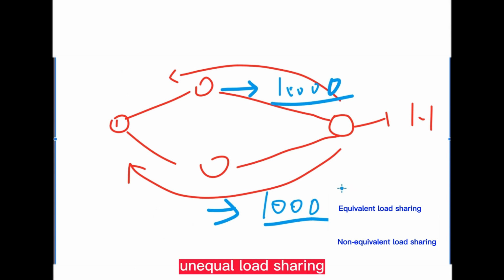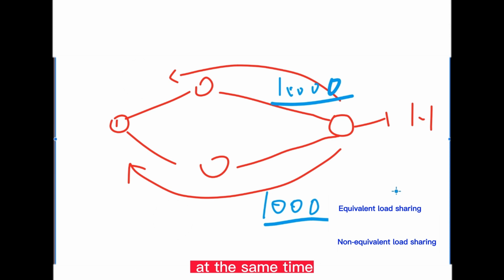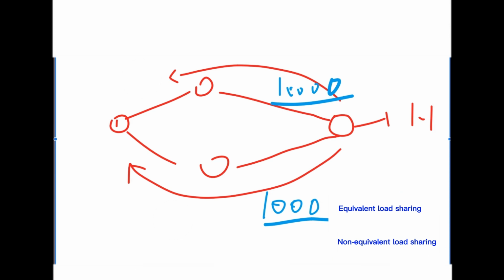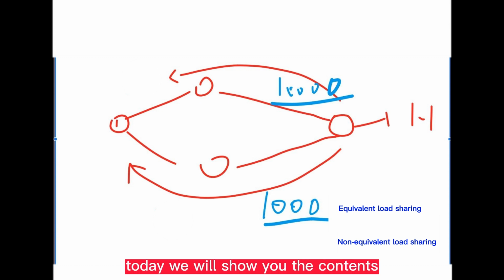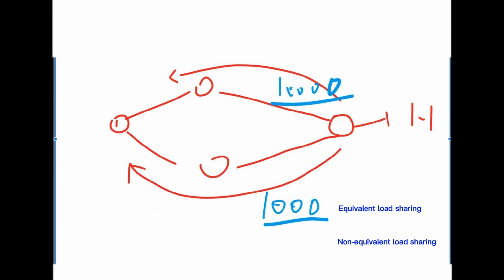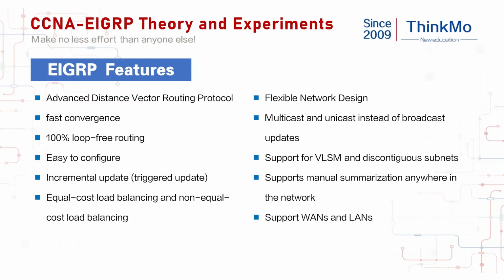Unequal load sharing: I can have them appear in the routing table at the same time. How to do it we will see today. Of course, today we will show you the contents of the topology table. Let's talk about this when the time comes. Just know that it has such a mechanism. Actually it's not very common. Let's go on.